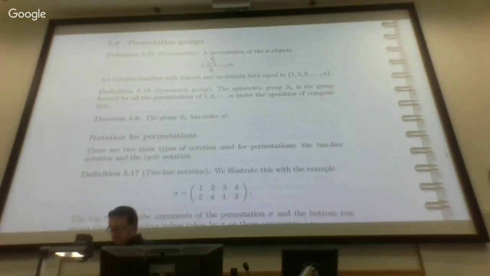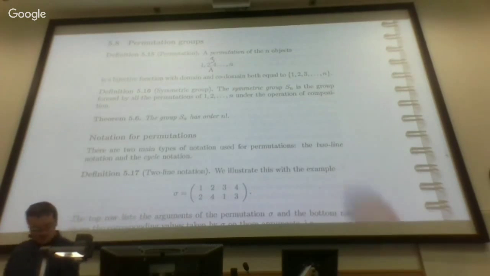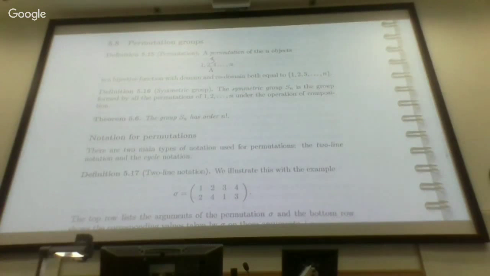And the group is called the symmetric group. It's confusing, because it's quite close to the term symmetry group. A symmetry group is a group of geometrical transformations, rotations, reflections, and so on, which are the symmetries of a particular object that you're focusing on.